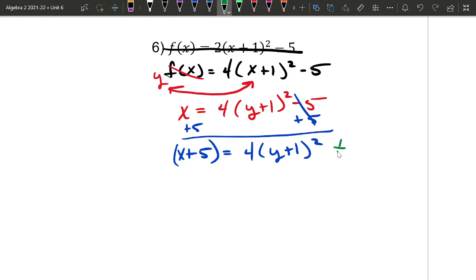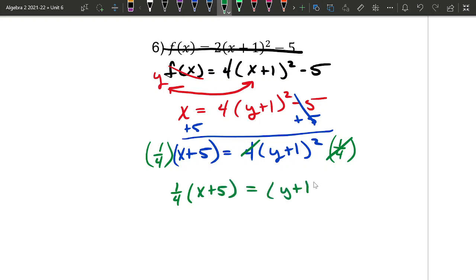I want to cancel a 4. Bless you. So I'm going to use 1/4. There's 4 over 1/4. 4 times 1/4 is 1. If I do it on one side, I have to do it on the other. So now I have 1/4 times x plus 5 equals y plus 1 squared.